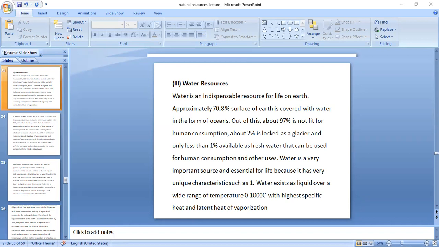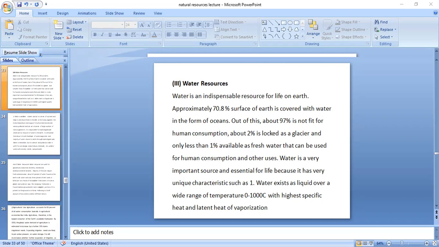Now come the dams. Dams, benefits and problems. Water is a precious resource and its scarcity is increasing at the global level. There is pressure to utilize surface water resources efficiently for different purposes, right?